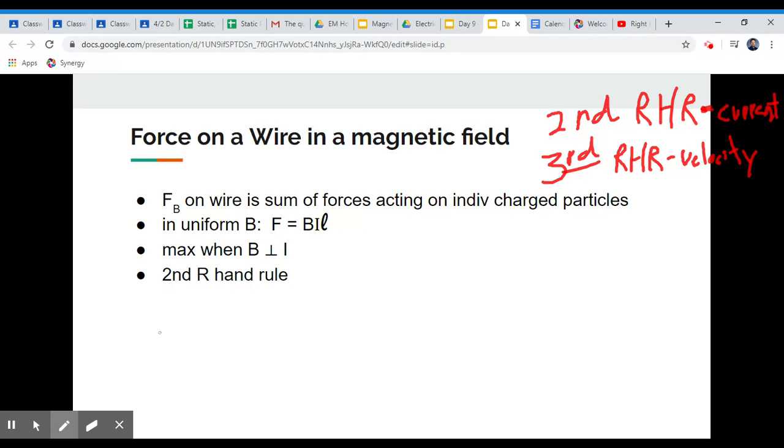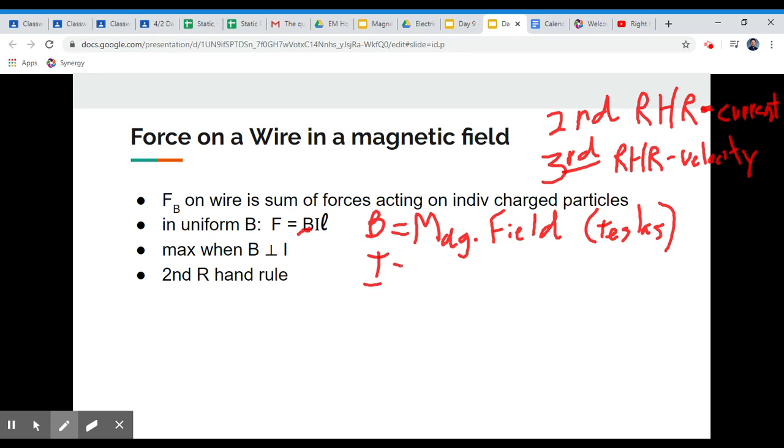So we're still using B, which, remember from yesterday, is my magnetic field, and that is measured in Teslas. And then we also have I, which we know is current, and that is measured in amps. And then finally we have L, which is the length of your wire.